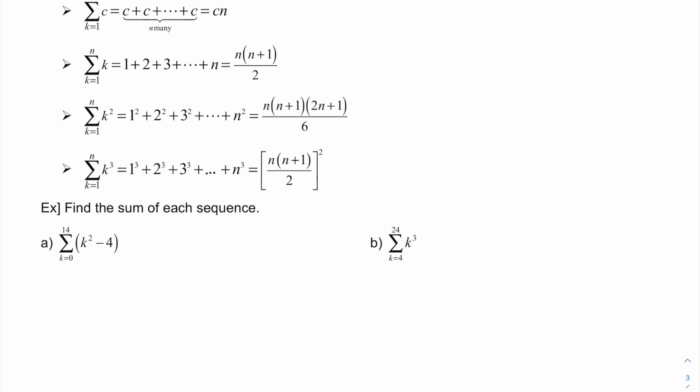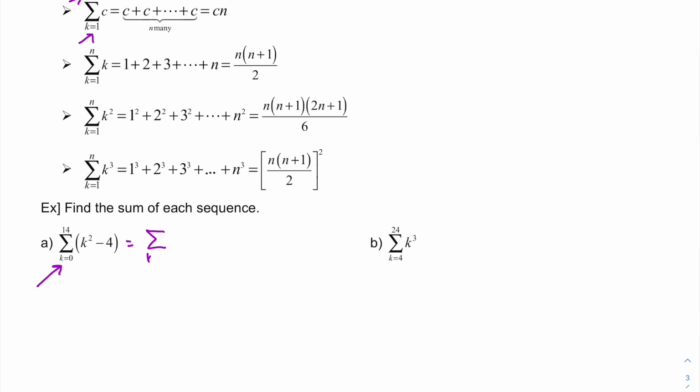So we're going to practice using these formulas. Notice how they all start from k equals 1 and go to n. That's important because if your sum doesn't have that exactly, you need to account for that. For example, you can see that in part A. This goes from k equals 0 to 14. Well, the formula for that doesn't match, so we need to keep that in mind when we use the formula.